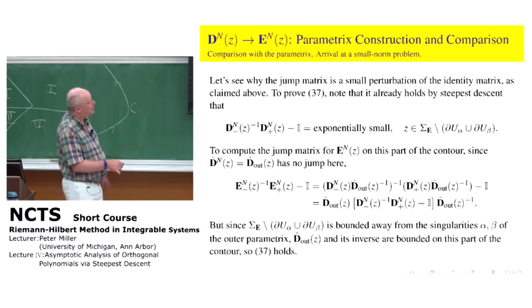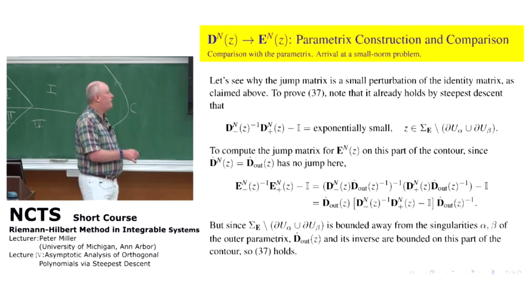Then you rearrange and you see that you're conjugating by this D hat out, something which we just said is exponentially small. And you remember that because we are bounded away from those 2 points, alpha and beta, the only places where D hat out blows up, this is a very good conjugation, and it preserves the asymptotic smallness of this quantity here.